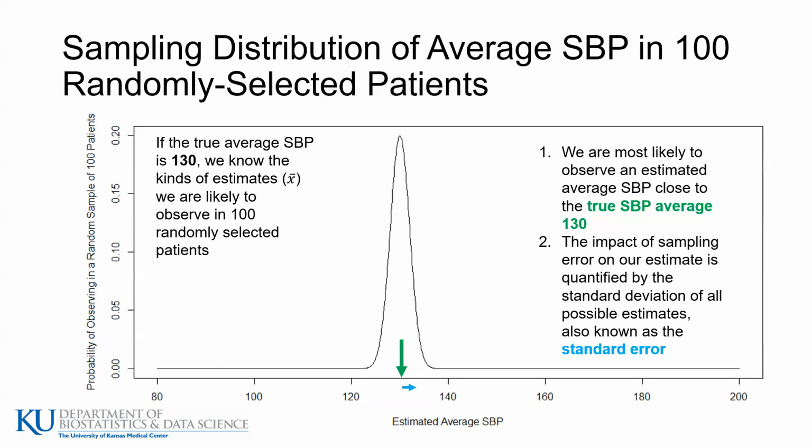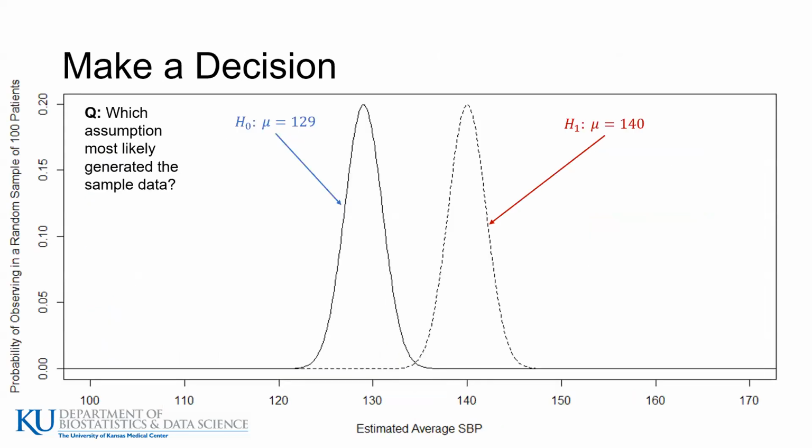We would like the standard error to be as small as possible. We want this value to be sufficiently small so that we can properly control for type 1 and type 2 error. We can do this with a sample size calculation.